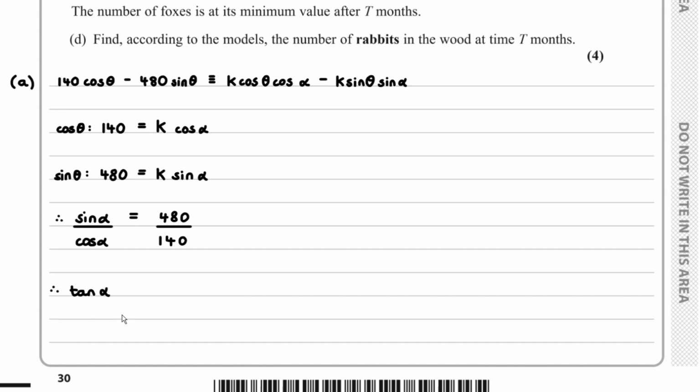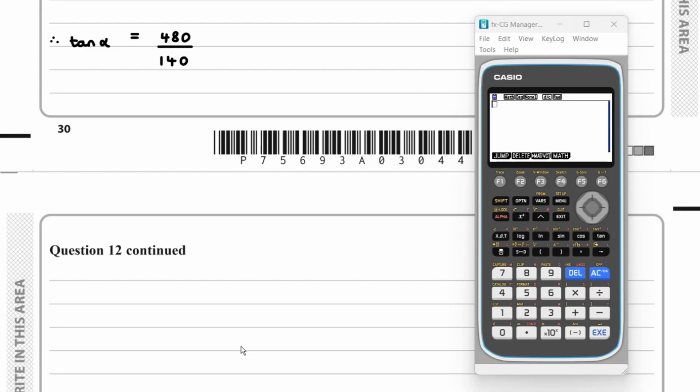So tan alpha equals 480 over 140. If we work out what alpha is, that's the inverse tangent of 480 over 140. So alpha to 2 decimal places is 73.74.